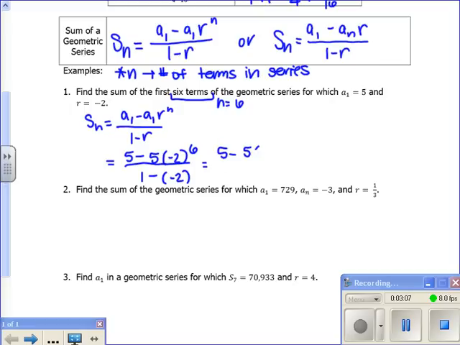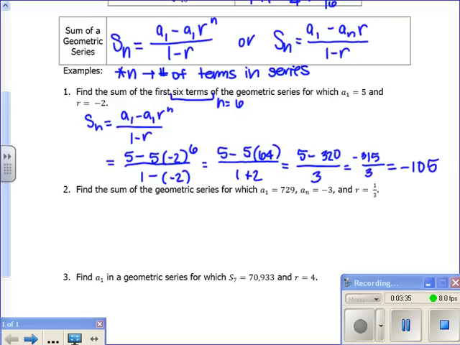Negative 2 to the 6th power gives me a positive 64, all over 1 minus a negative 2, which is the same thing as 1 plus 2, correct? So on top I have 5 minus, now I multiply 5 and 64 to get 320. Simplifying my bottom, I get just a 3. 5 minus 320 gives me a negative 315 all over 3. Dividing that, I get a negative 105.